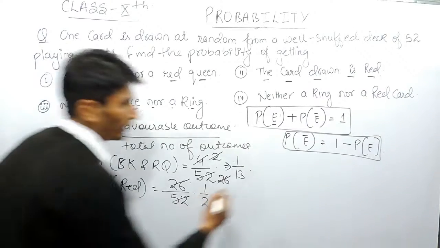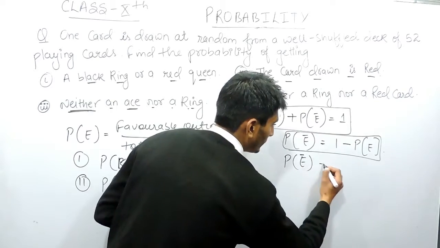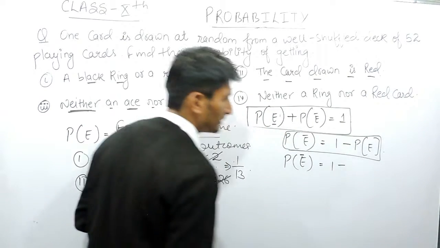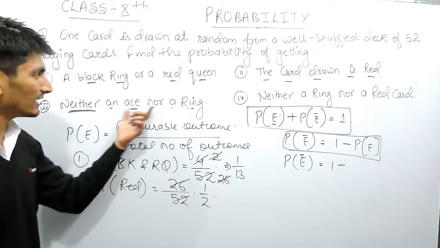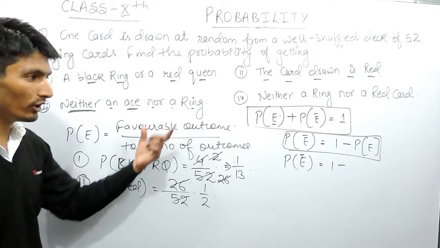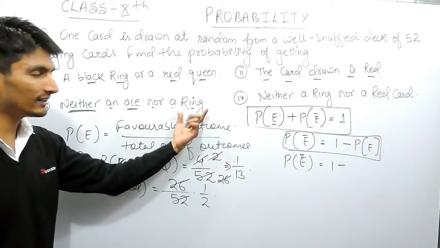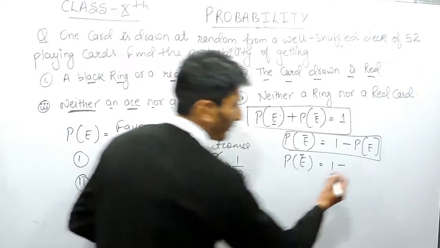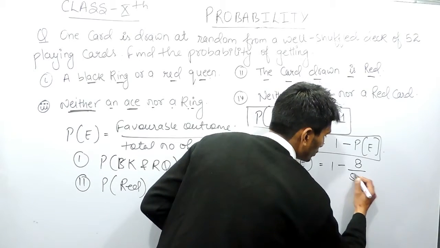So the probability of not coming will be 1 minus the probability of happening. The probability of an ace or a king coming will be 8 by 52.